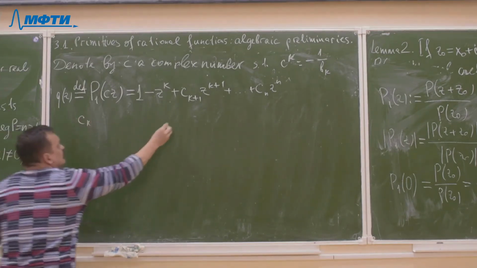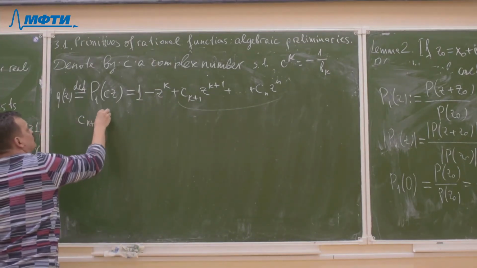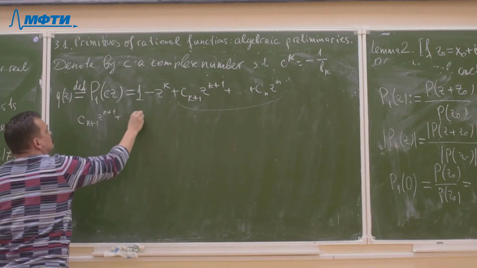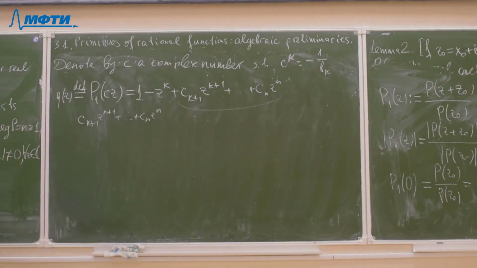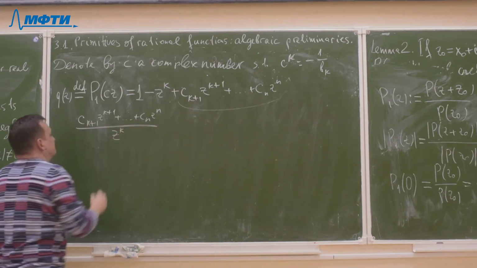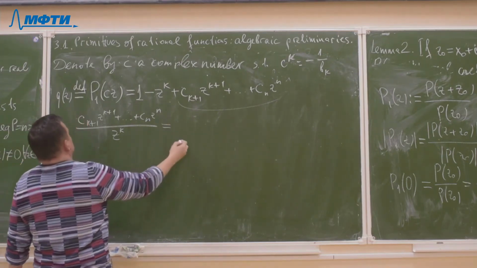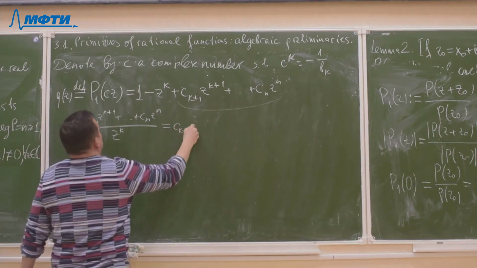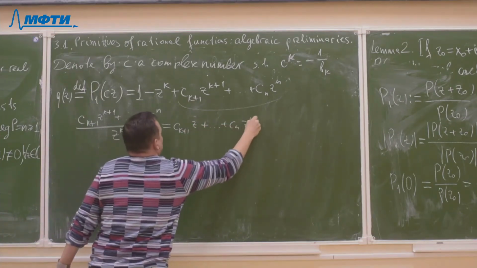Consider this part, c_{k+1} z to the power k+1 plus so on plus c_n z to the power n. If we divide it by z to the power k, then that is c_{k+1} times z plus so on plus c_n z to the power n minus k.